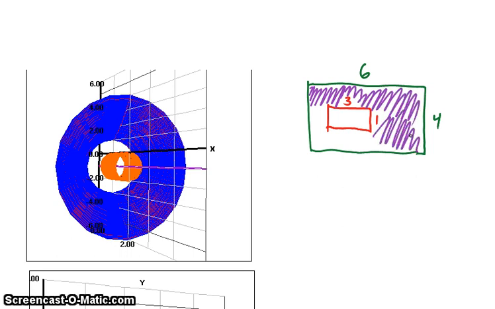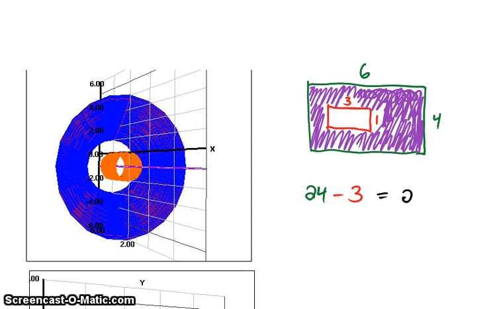In other words, everything inside the green rectangle, but not including everything that's inside the red rectangle. So what would you do? Well, hopefully you recognize that you'd have to subtract. You would find the larger area, which is 24, 6 times 4. You would subtract the smaller area, the inside area, the hollow area, the empty area, and you would end up with 21.